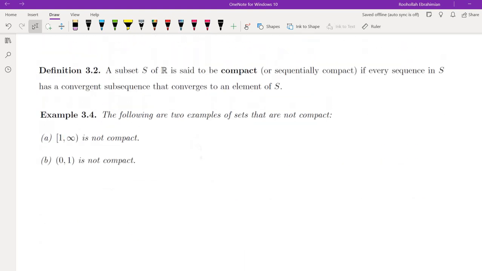Okay, so any set that satisfies this property that every sequence in the set has a convergent subsequence is called a sequentially compact set.